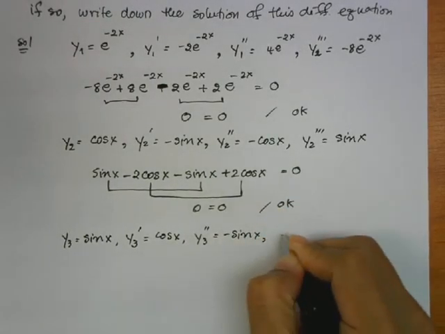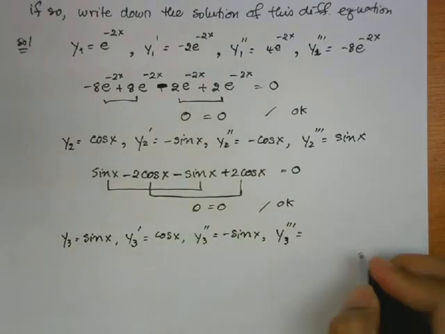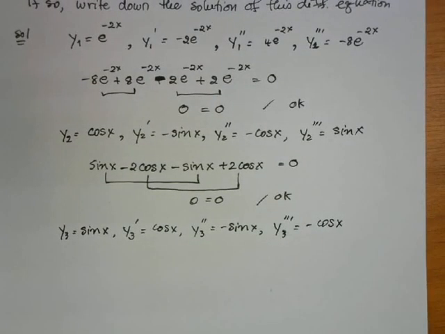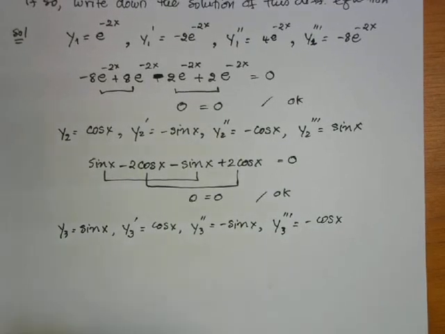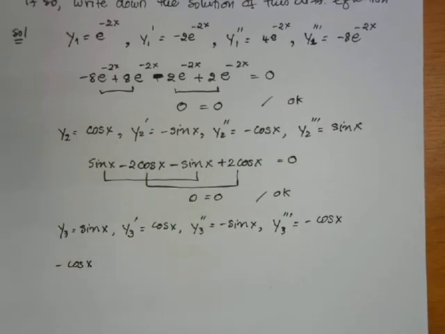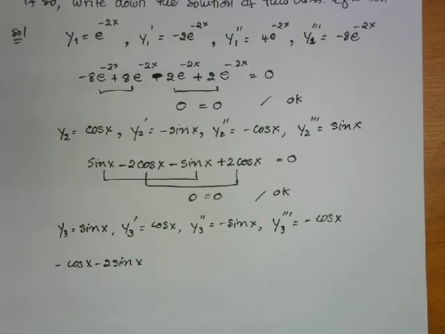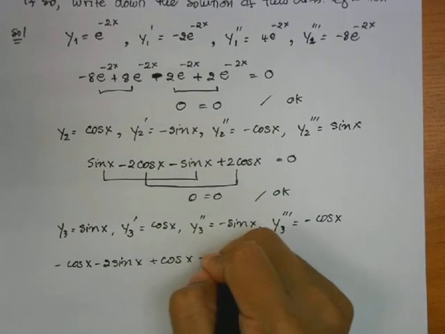And the third derivative of y3 is minus cos x. And then you just plug y and its derivatives back into your homogeneous differential equation. You would get minus cos x minus 2 sin x plus cos x plus 2 sin x.